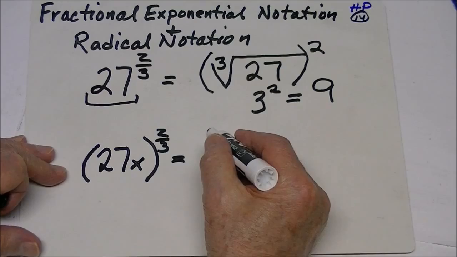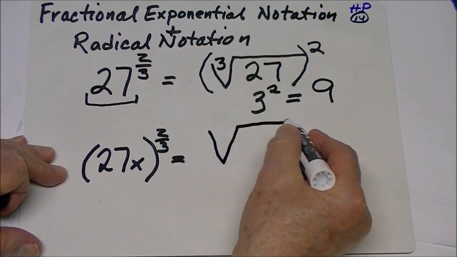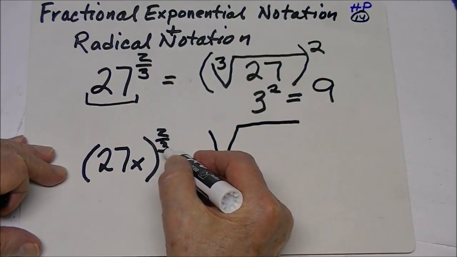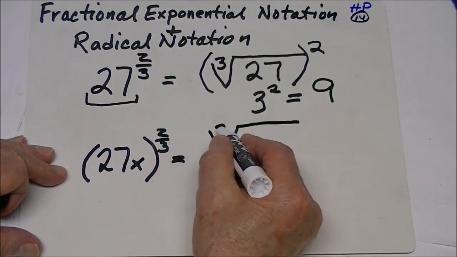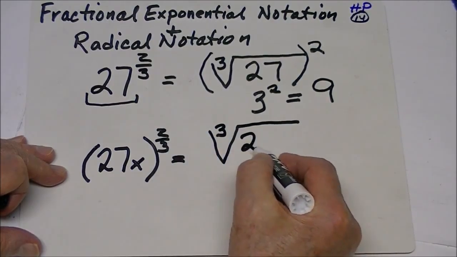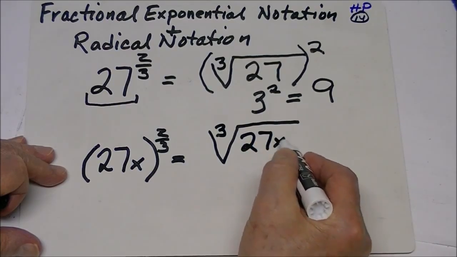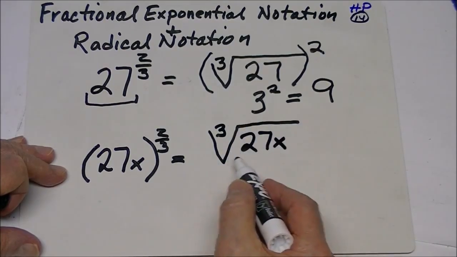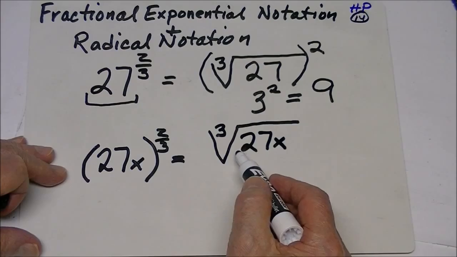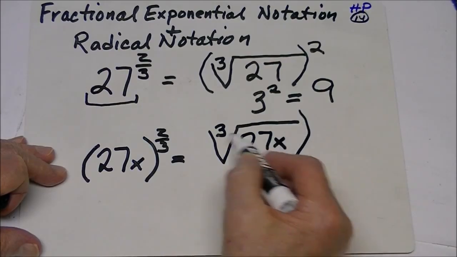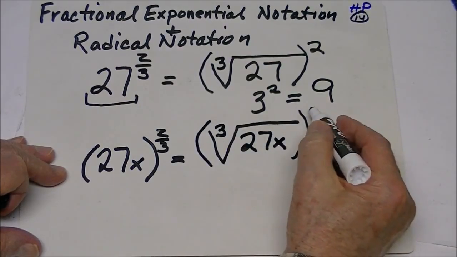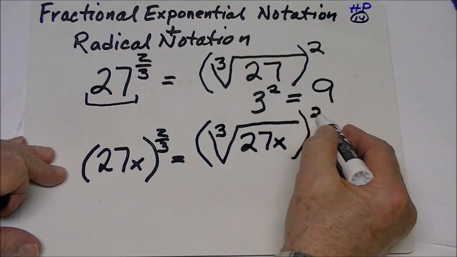So that then becomes, again, a radical sign. We use the denominator as the index number, and 27x. Again, the radical sign serves as a grouping symbol here, and this is all raised to the second power.